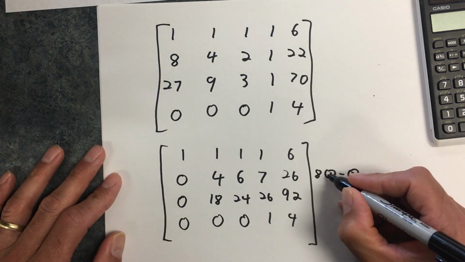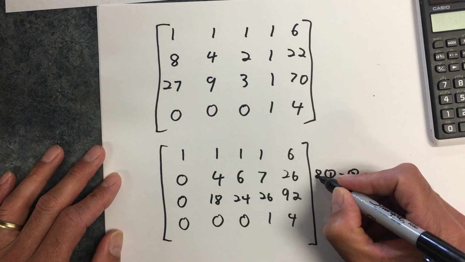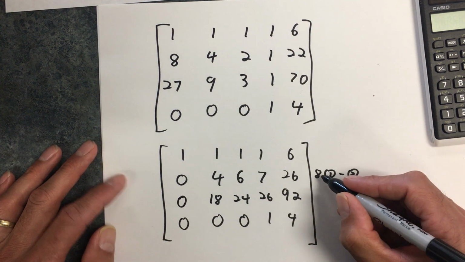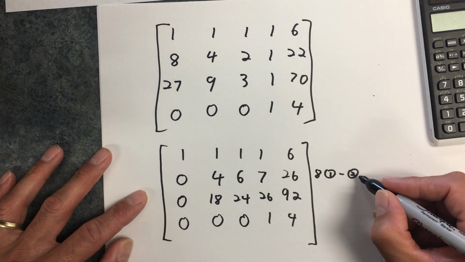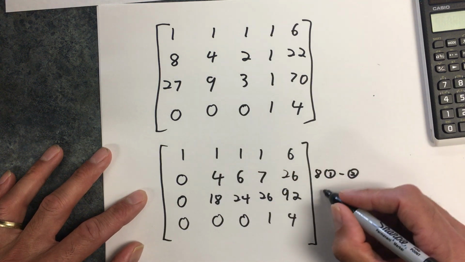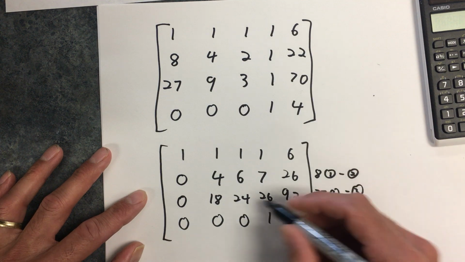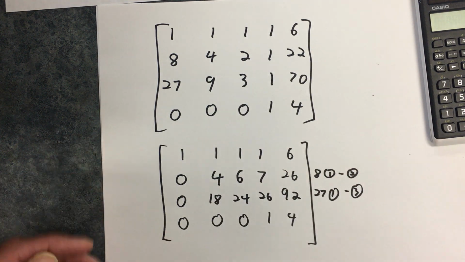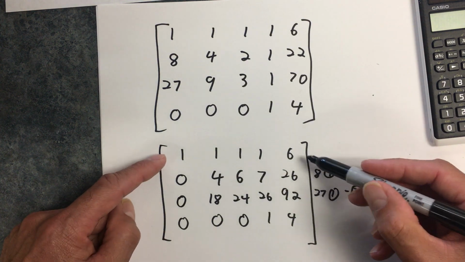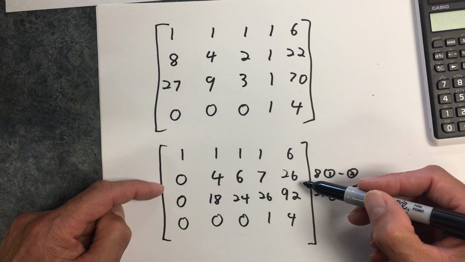So if I'm circling a number, I'm indicating a row, and if I'm not circling it, I'm indicating a multiple. 8 times row 1 minus row 2 gave us this line. 27 times row 1 minus row 3 gave us this line. Now remember, amongst the three things we're allowed to do, one of them is add or subtract multiples of another line to a given line.